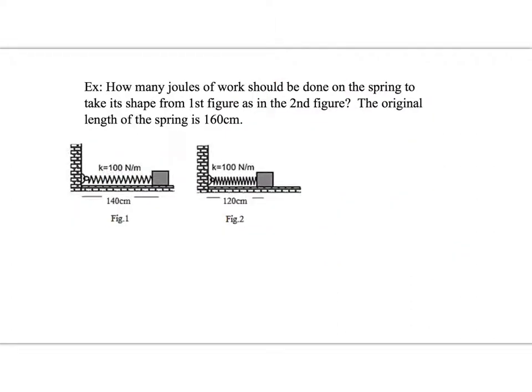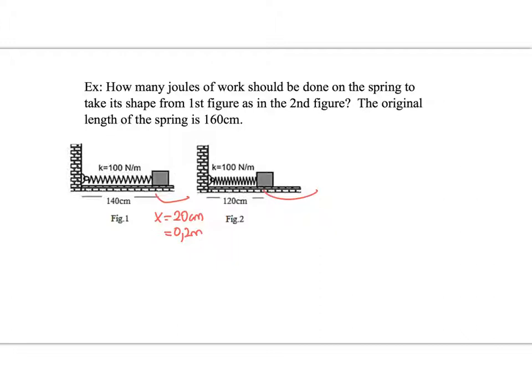How many joules of work should be done on the spring to take its shape from the first figure to the second figure? We have the original length of the spring as 160 centimeters. So here the amount of stretch is 20 centimeters, which is 0.2 meter.